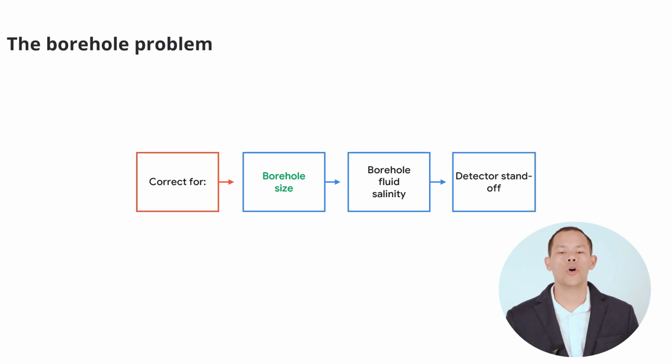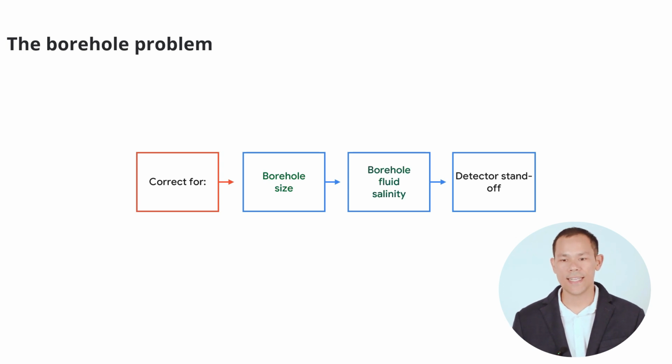The effect of hole size on the count rate is bigger in situations where the borehole is filled with a high salinity drilling fluid. To understand how salinity affects neutron porosity tool measurements, consider that an increase in the salinity of the borehole fluid results in two competing effects that influence the count rate measured by a thermal neutron detector.